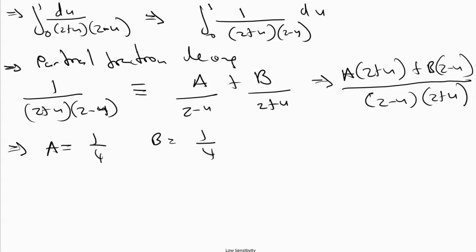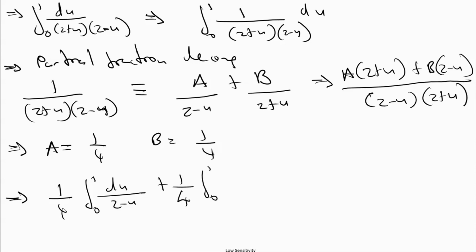So that means we can rewrite this integral as 1 over 4, our limits are still 1 and 0, du over 2 minus u, plus 1 over 4 integral from 1 to 0 du over 2 plus u.